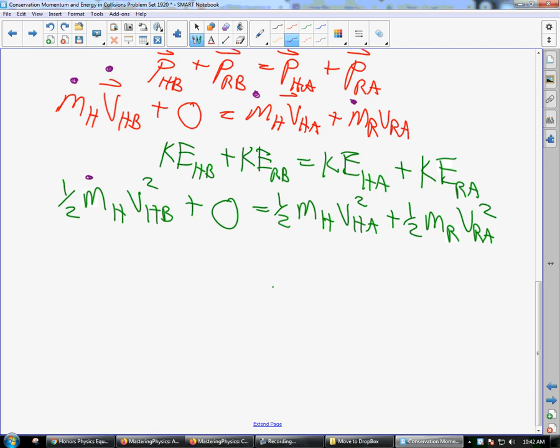And again, I know this, I know this, I know this. So I don't have enough information in that one equation to be able to solve it. So I have 2 unknowns. But luckily, I have 2 equations with the same 2 unknowns. I have this one and this one. So I know from taking algebra that if I have 2 equations with the same 2 unknowns, I can combine them and solve it.